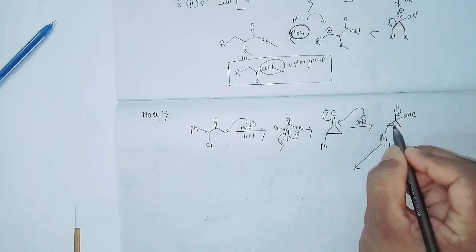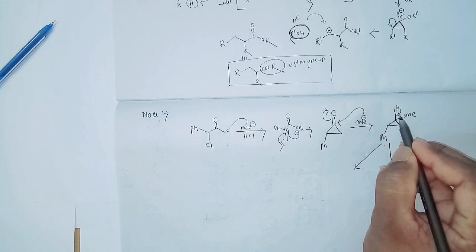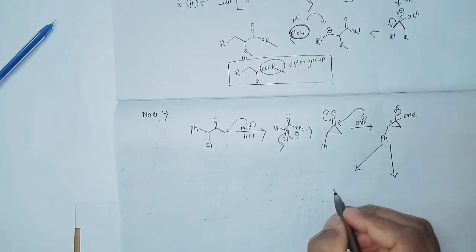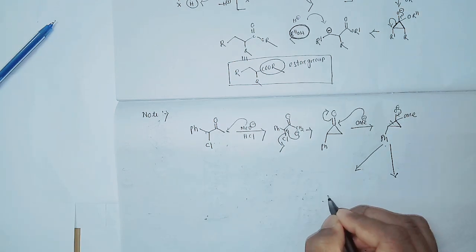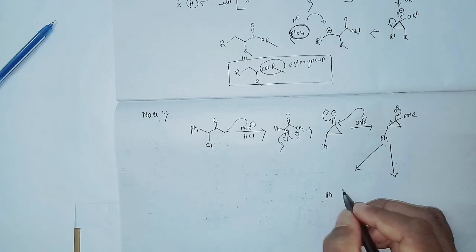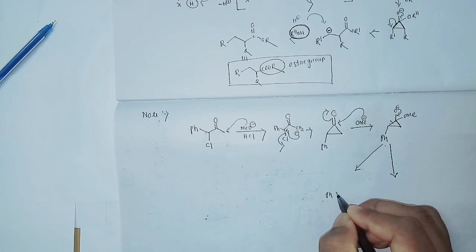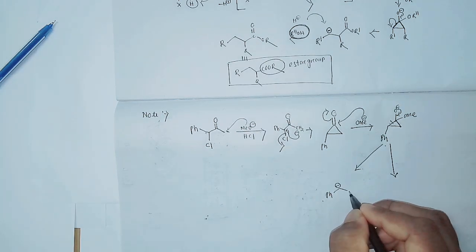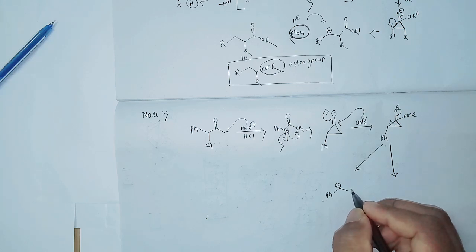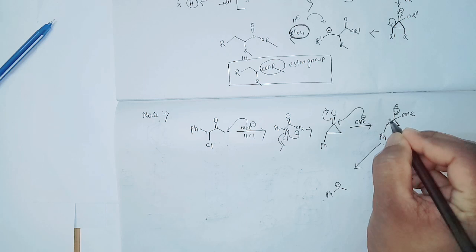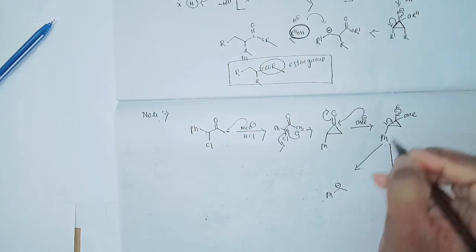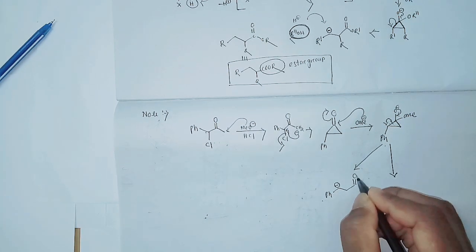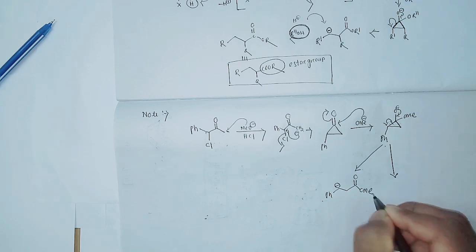So for example when this bond breaks, then we get what type of product? Phenyl negative charge, so this bond shifts towards this side, so we get C double bond OMe.